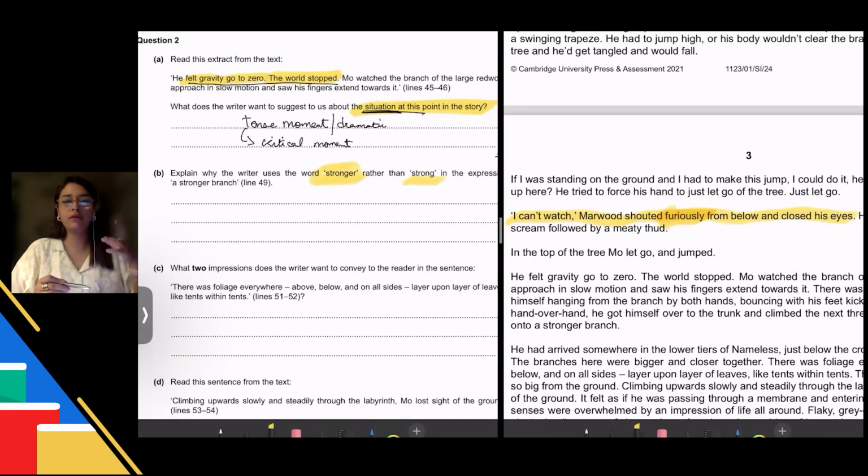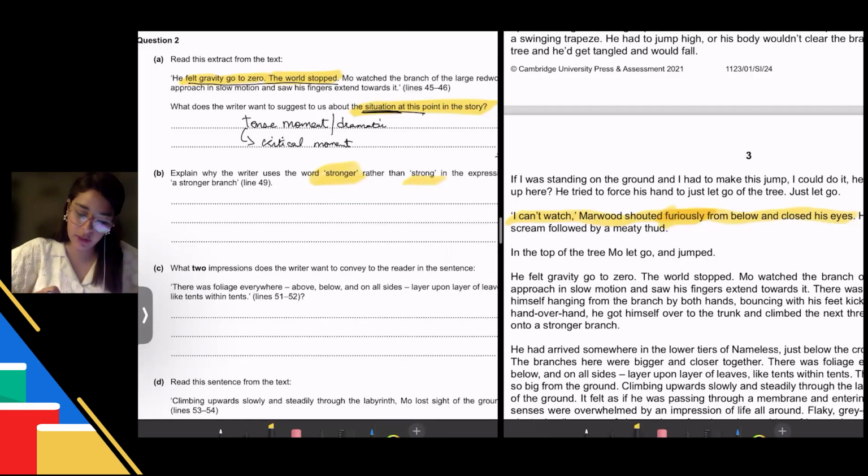So replace the word there. When they're asking you why one word was used over the other, the best way to answer is to first look at the line, replace the words, and check whether the replaced phrase makes a difference in the overall meaning of what this phrase says.